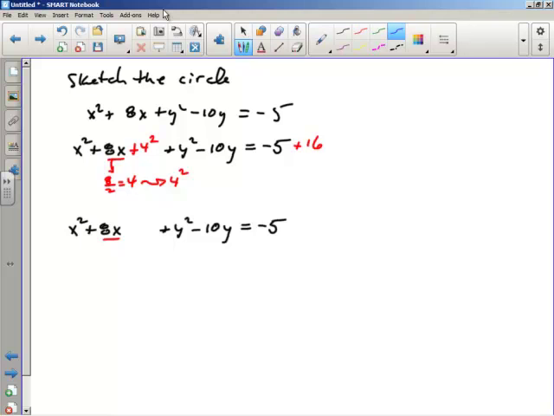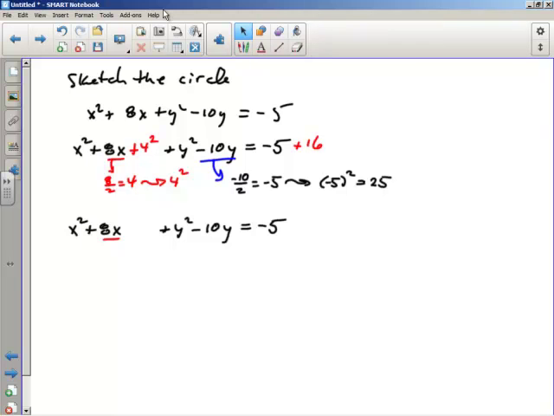Same deal with the minus 10y. Minus 10 divided by 2 equals minus 5, and minus 5 squared equals 25. Doggone it. That should go there. That should go there.